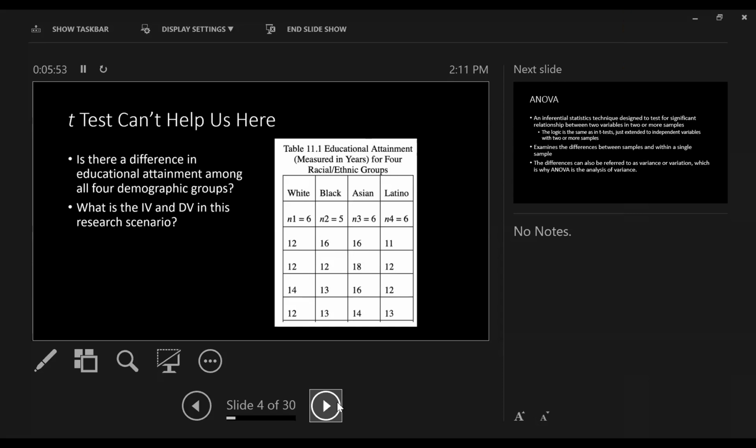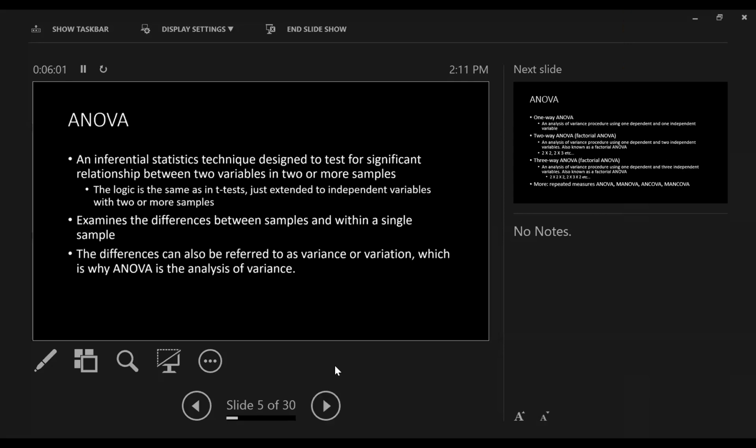So again, having to run multiple t-tests is not the end of the world, but if there's a way to do it easier, we want to do that. An ANOVA is an inferential statistics technique that is designed to test for significant relationships between two variables in two or more samples.